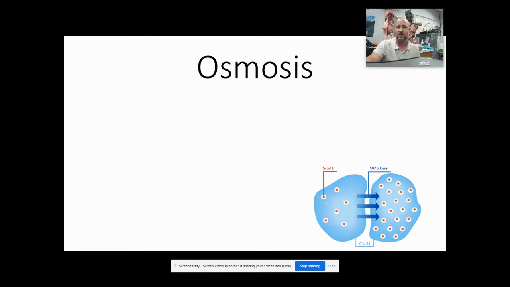But some things like salt or sugar cannot. So these things might be dissolved in the water, but they can't move between the two. So in this case, these molecules over here, high concentration, these salts, really want to get over here to this low concentration, but they can't. And so nature doesn't like that. It doesn't like having a high concentration of salt here and a low concentration here.